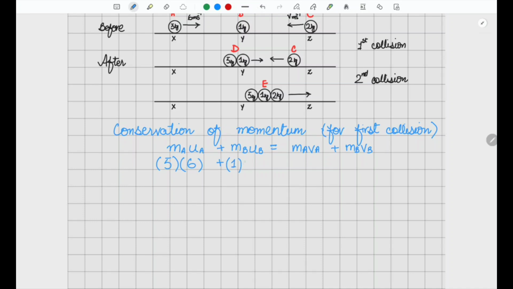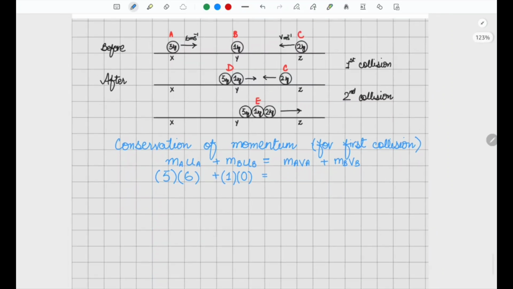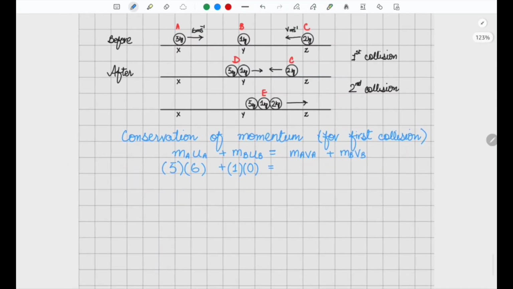but initial speed is 0 of B. Secondly, now after collision what happens? This A and B coalesce, so it will become 5 plus 1, the mass, times the velocity of D, and that we need to find.